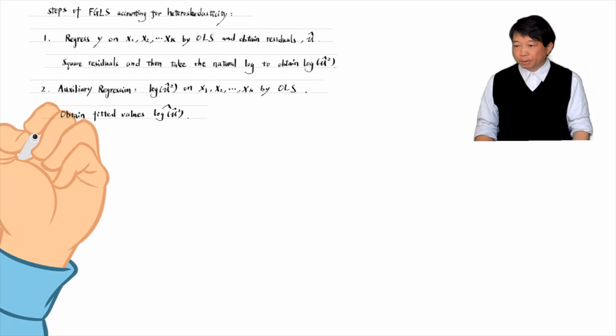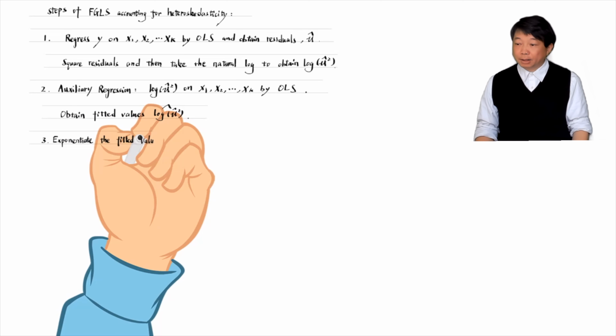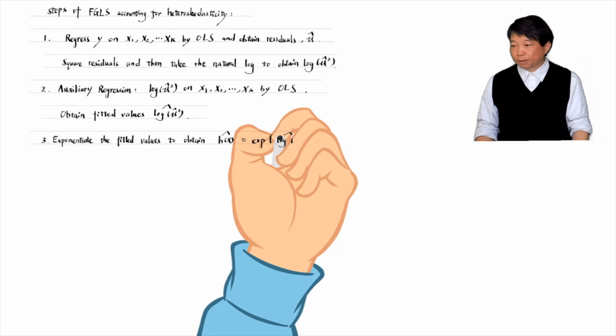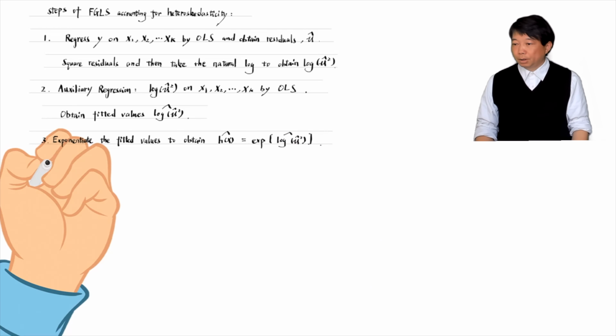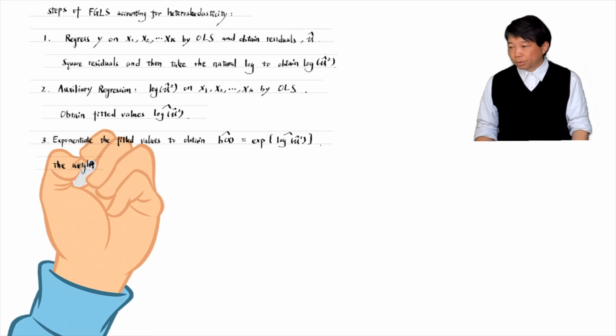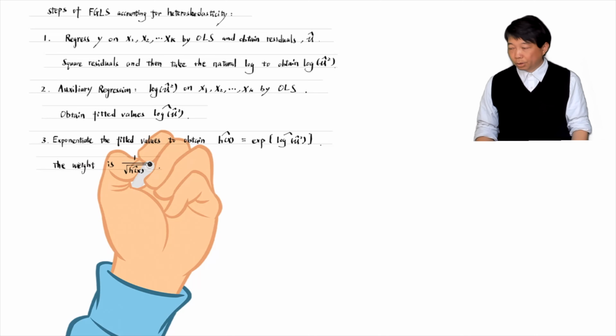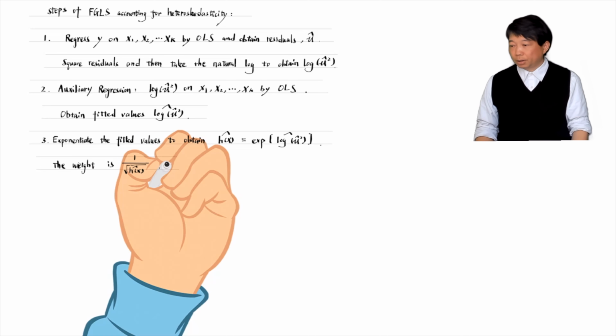In the third step, we estimate the heteroskedasticity function h(x). We exponentiate the fitted values. It results in the estimate of the heteroskedasticity function, h hat. The weight we will use to transform the original model to adjust for heteroskedasticity equals 1 divided by the square root of the h function.